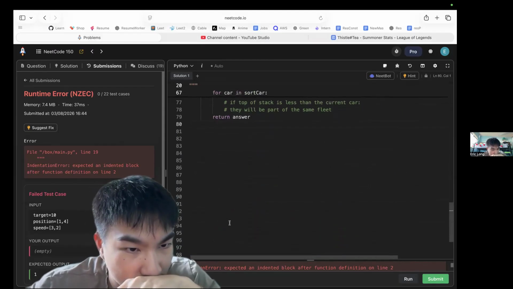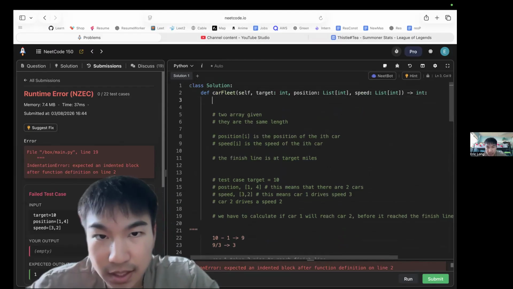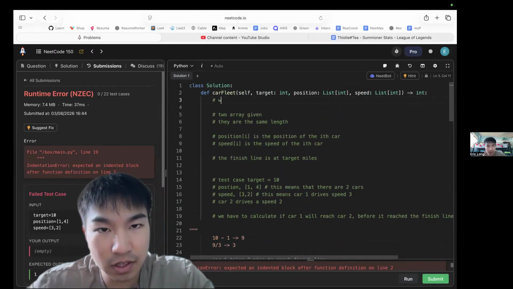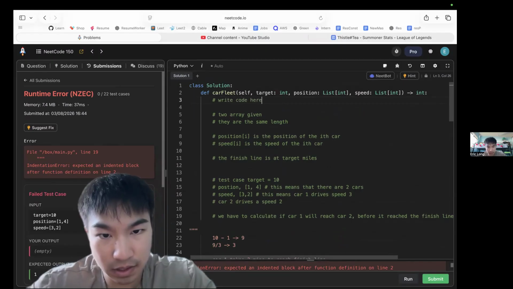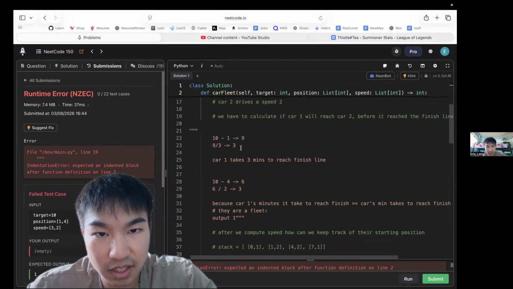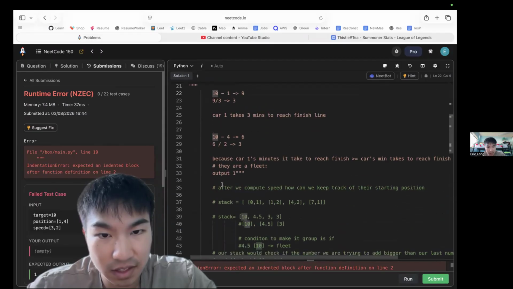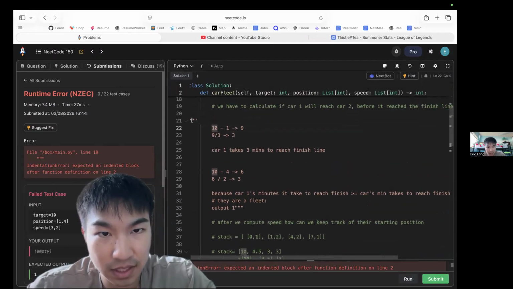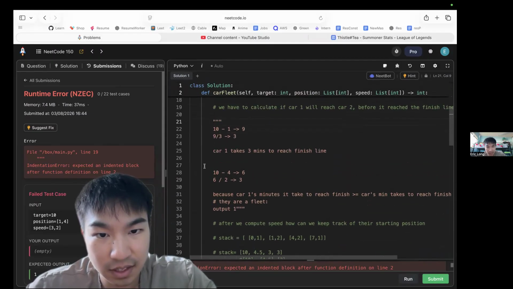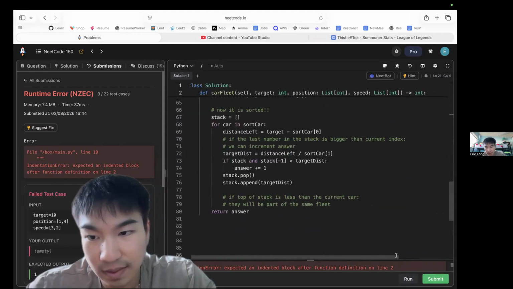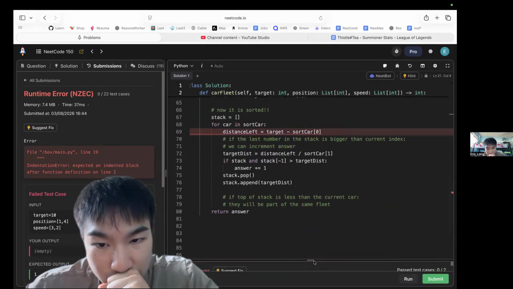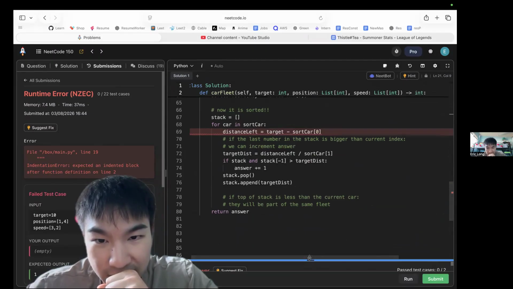I don't see the indentation error, right? Is it because of this? Hey, it's this. There you go.